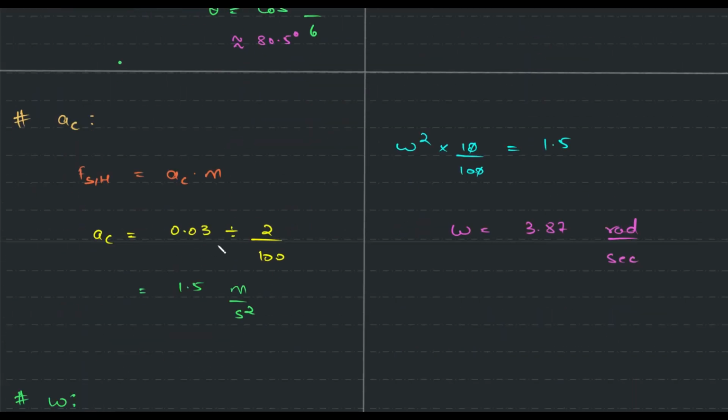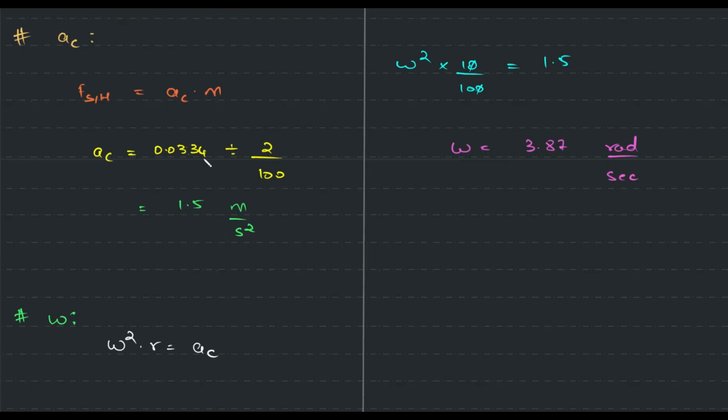And now we have 0.334. I mean, approximate, if I do approximate, I'll end up with 3 over here.